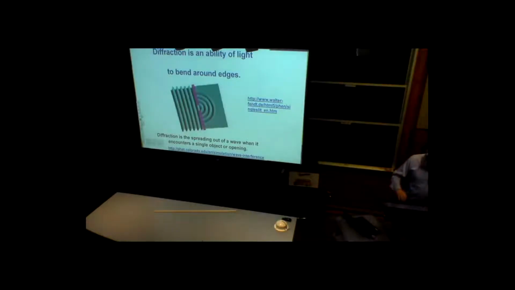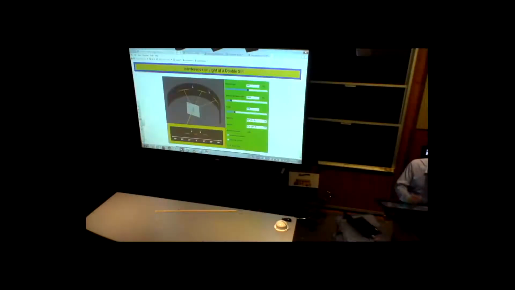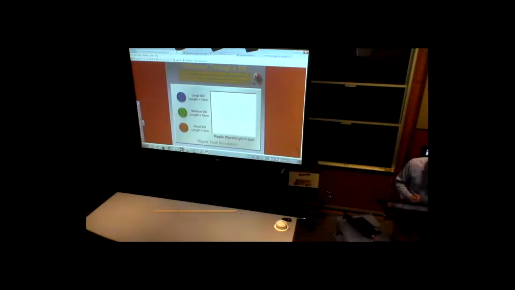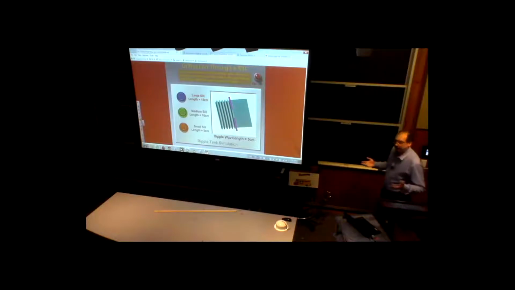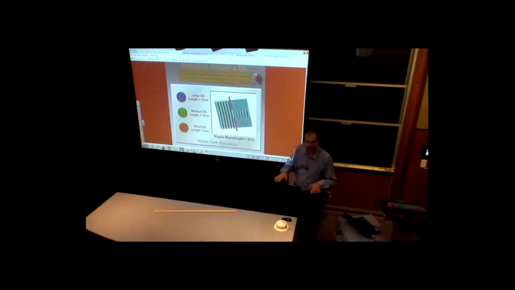Now we're going to talk about another type of interference. A single slit interference. This is a model of a very common experiment for waves generated on the surface of water.